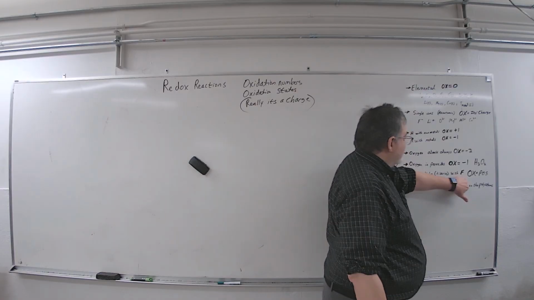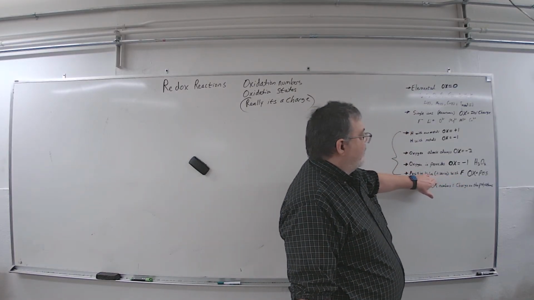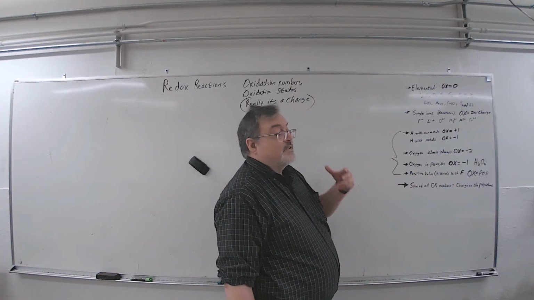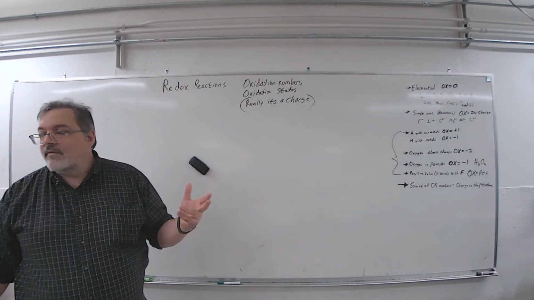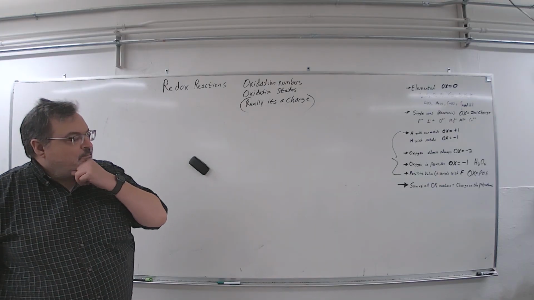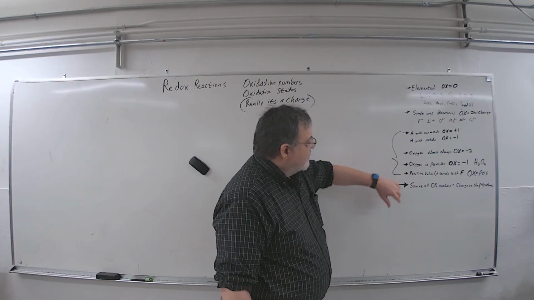And then fluorine has a special role with oxygen. If it's fluorine and oxygen connected together, oxygen will actually have a positive value, but it varies depending on the situation. But there is a way to figure it out. We end up inferring what it is. So these are all about oxygen.